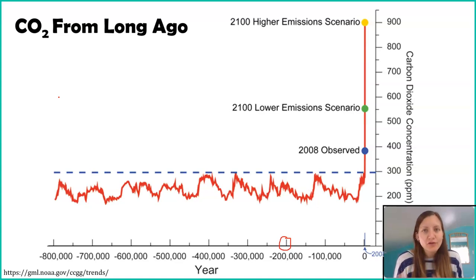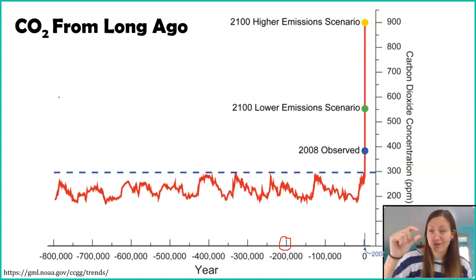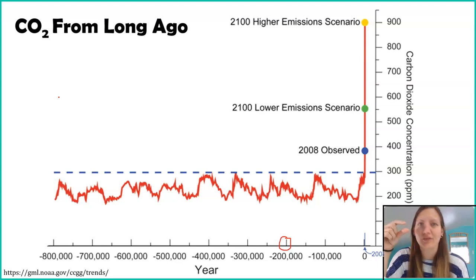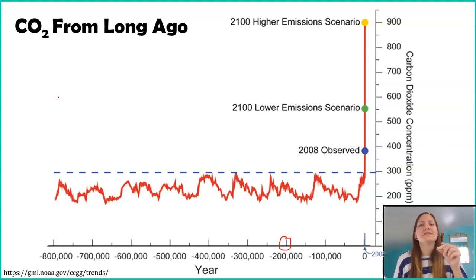Now, if you have ever looked through an ice cube, you might notice there are air bubbles in it. That just happens when water is freezing. Well, scientists take a super fine needle and essentially stab air bubbles in this ice core from different years ago, and they can suck the air out of it.